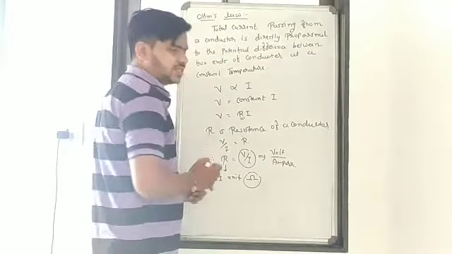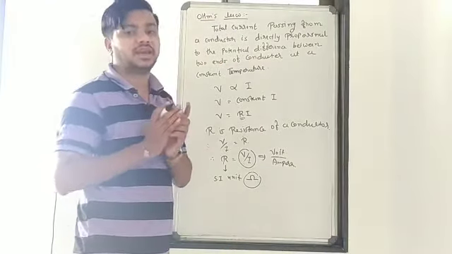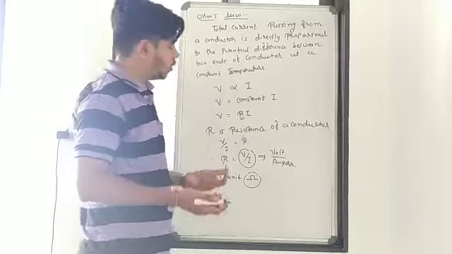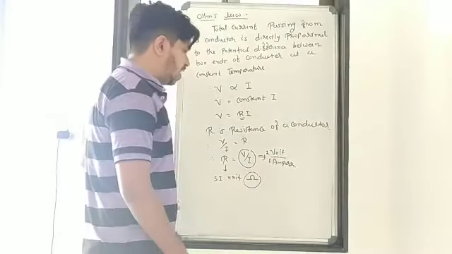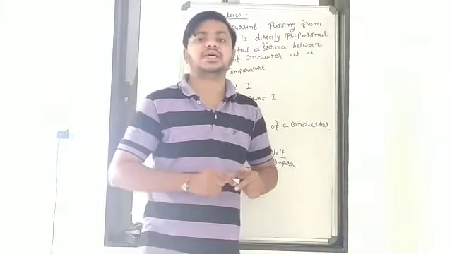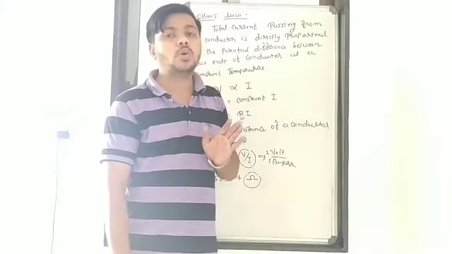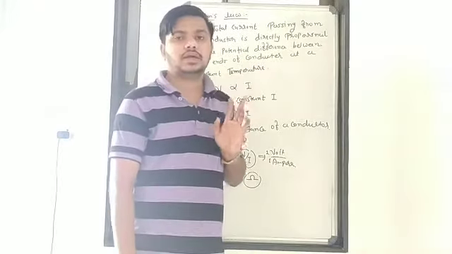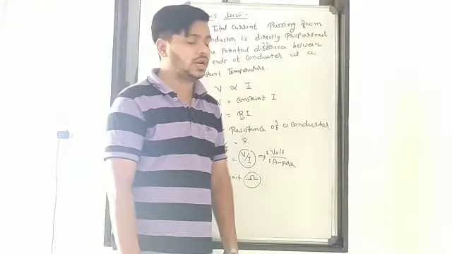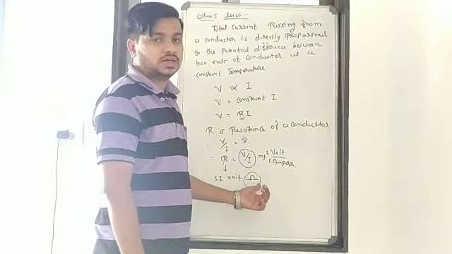If you want to define 1 ohm, then you know that you have to take 1 volt and 1 ampere. If 1 ampere of current is passing through a conductor which has a potential difference of 1 volt, then the resistance of the conductor is known as 1 ohm. Understand?